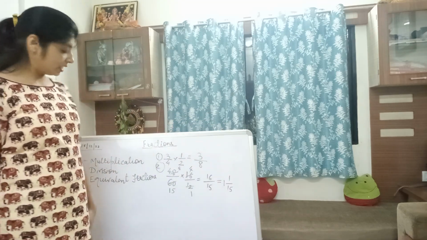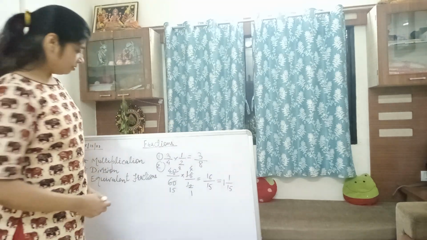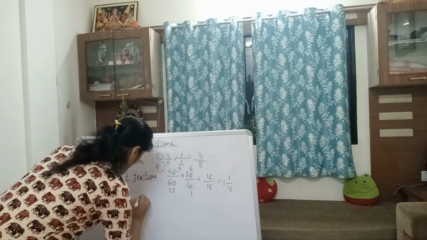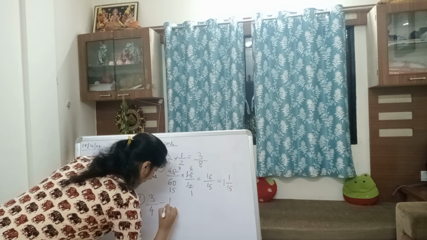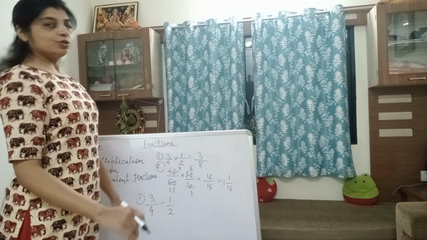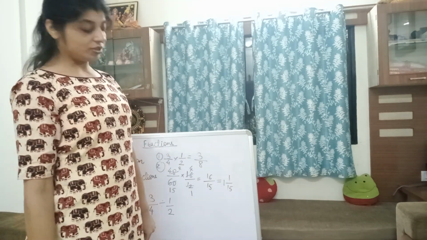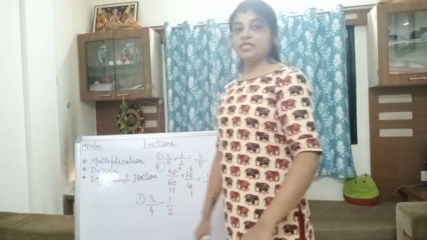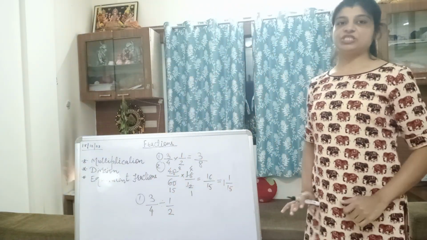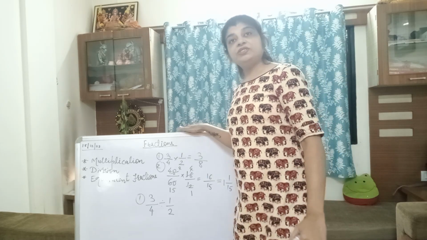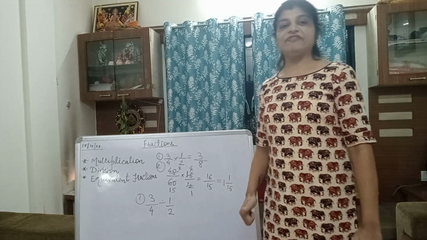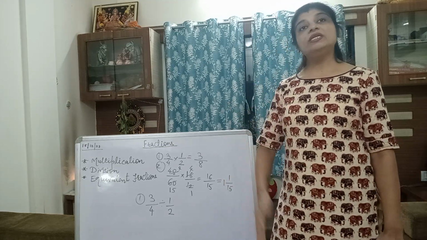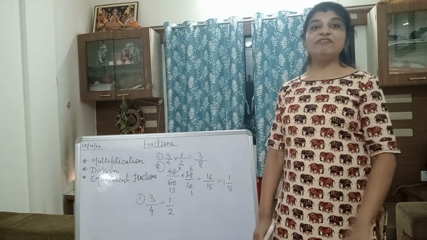The choice is yours. Next is coming to division. We'll take the same example. Suppose it's 3 by 4 divided by 1 by 2. Now in fractions, always keep in mind that in division we always try to convert into multiplication and then only we solve. I repeat, my dear children, in the case of division of fractions, we always convert the division into multiplication and then only we can solve.